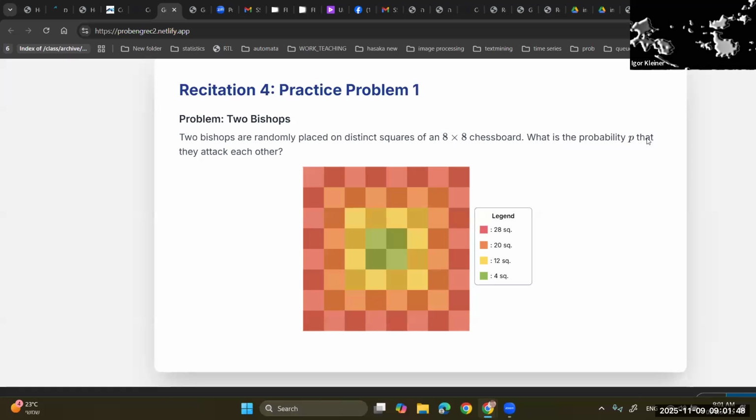We need to find how many squares we have here. 8 plus 8, 16, plus 6, 22, plus 6, 28. So the probability of H1 is 28 divided by 64. This is the first step.